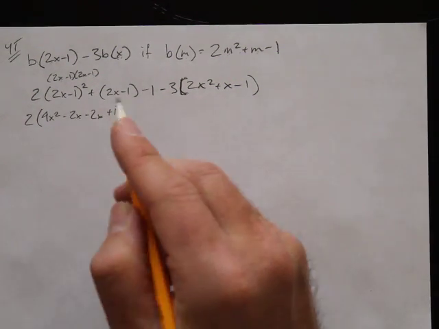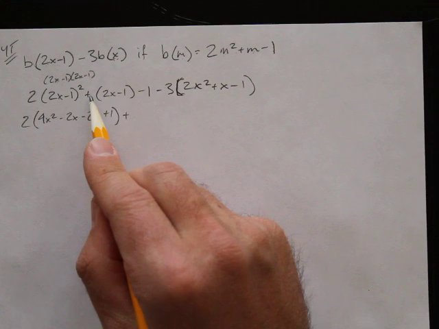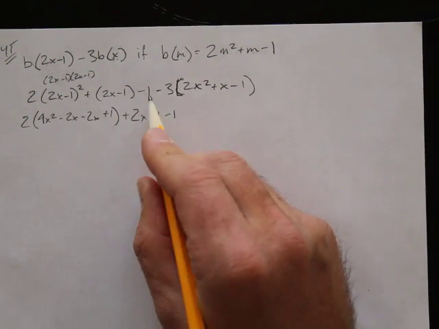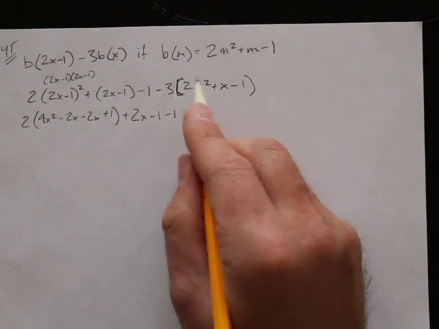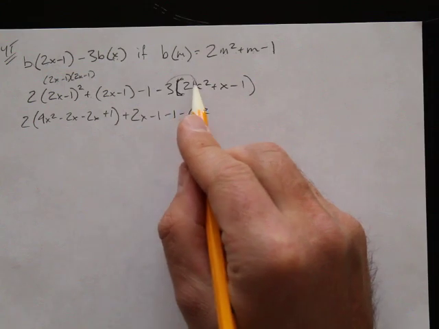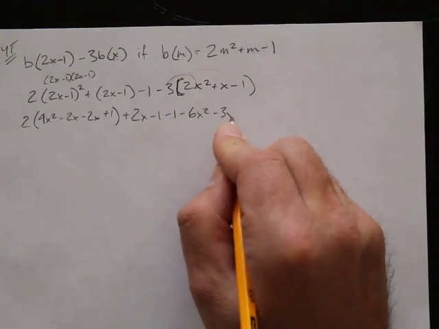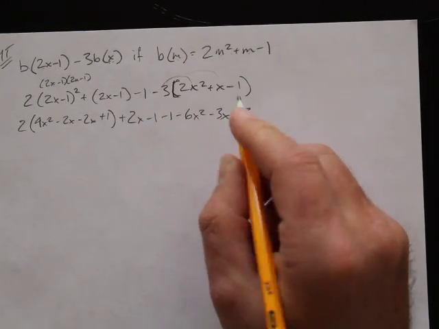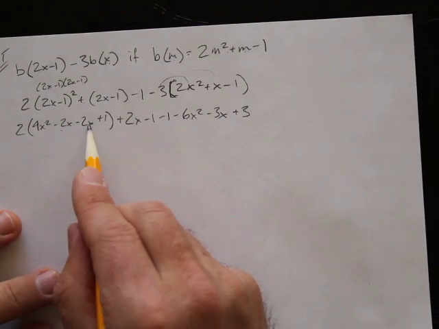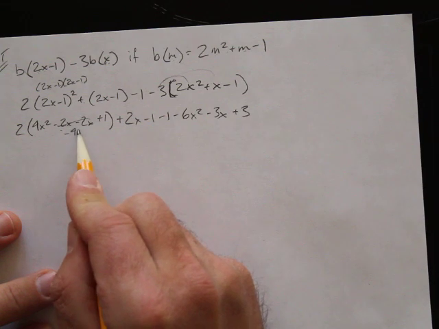All right, so I've taken care of that. Now I have 2 plus 2x minus 1 minus 1, and then I'm going to distribute this negative 3: negative 6x squared, negative 3x, positive 3. All right, negative 2x and negative 2x is negative 4x.